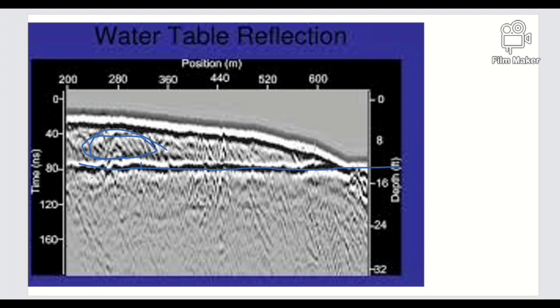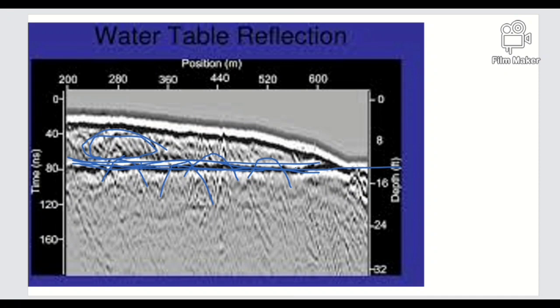If there is one type of material, one type of layer, but this line breaks the layer, then the water table line shows the saturation line of the layer. So we can detect the water line through GPR under the ground.